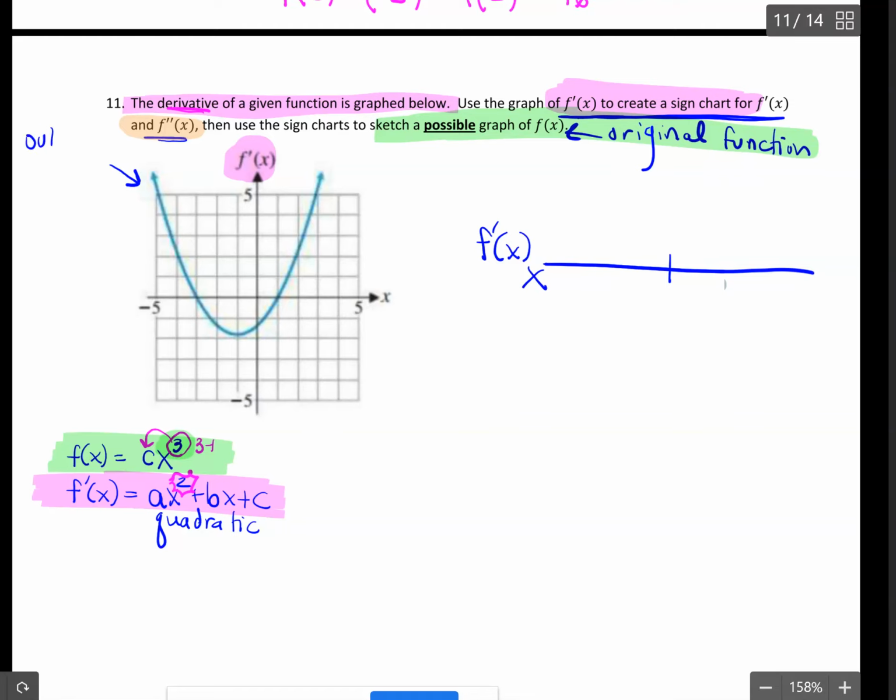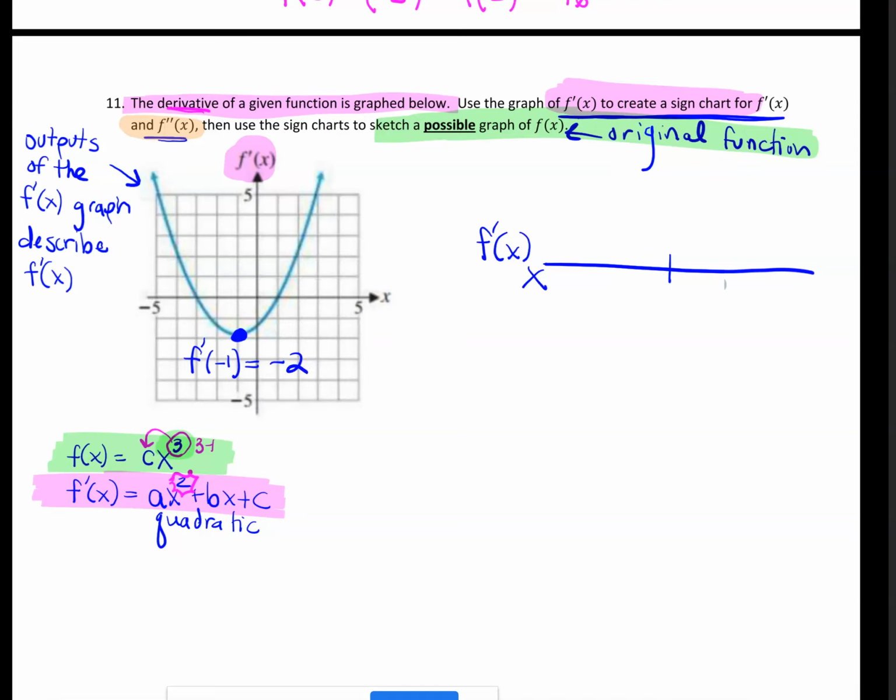If tangent lines are derivatives, and this is the first derivative graph, then I know the derivative of this derivative at -1 is 0. The second derivative is going to be 0. So if we go to create a second derivative sign chart in a minute, -1 is going to go on there, because if I put -1 into the second derivative, the tangent lines of this graph have a slope at that point of 0, and the slope is the derivative of what was graphed.